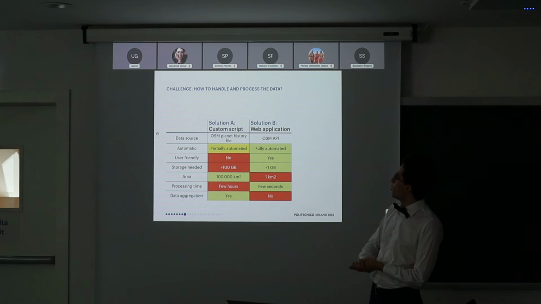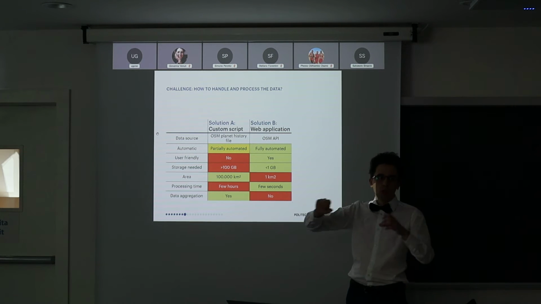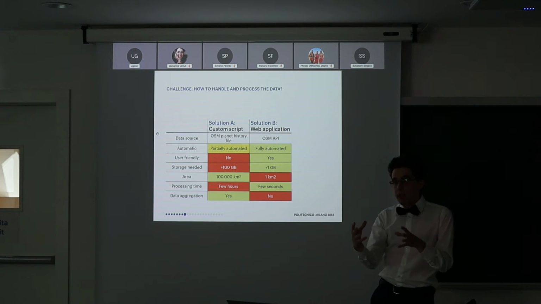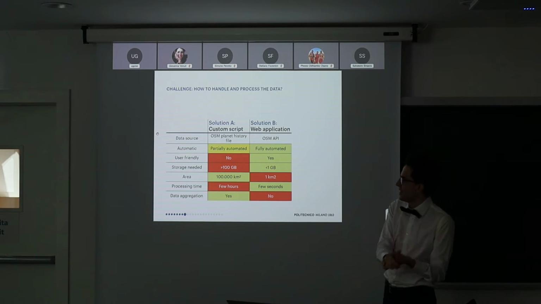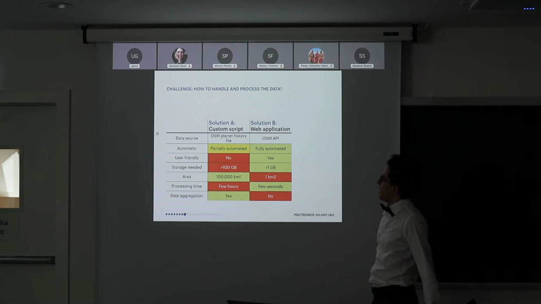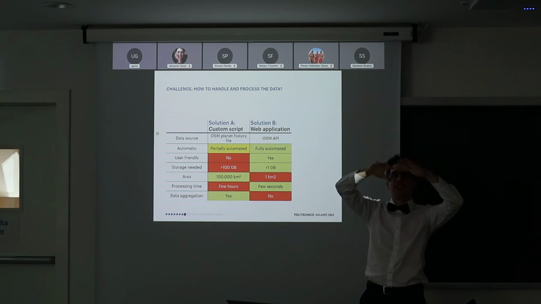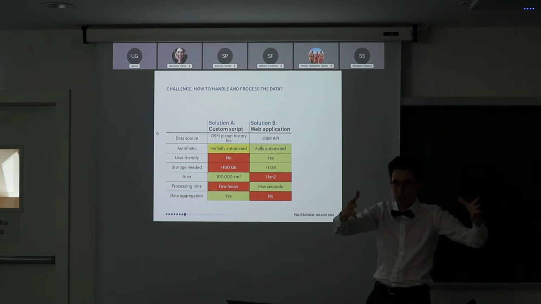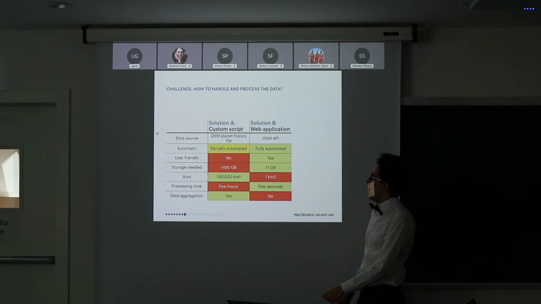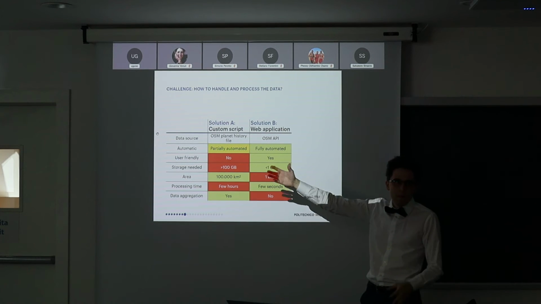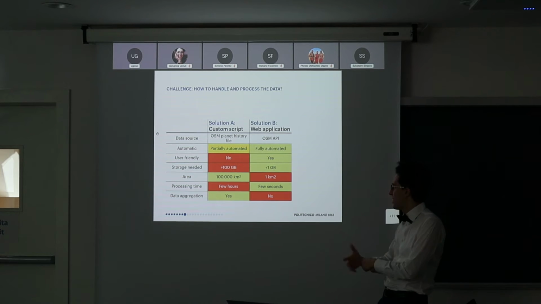So the first one was to go with some custom scripts to convert the data into a database that is usable, not like a zip file of very highly compressed data, but something that can be accessed. So it was partially automated using the planet history file. That means having the whole OpenStreetMap database as a file and then cutting it to a specific region like Italy. And then, of course, it's not user-friendly, like it's a Python script with some bash and such.